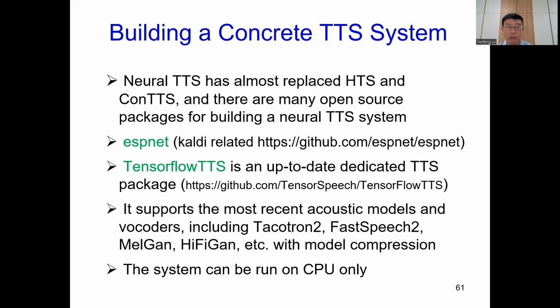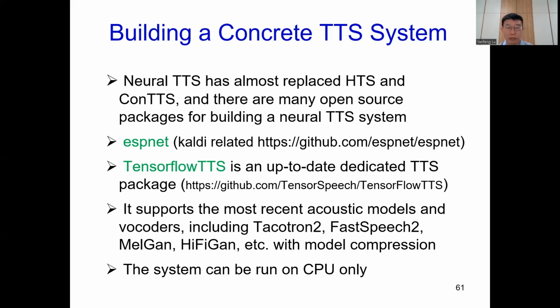It supports the most recent acoustic models and vocoders, including Tacotron 2, FastSpeech 2, MelGAN, and HiFi-GAN. Another important feature of TensorFlow TTS is that it also does model compression. So finally, you could build a TTS system that can be run only on CPU. You don't need a GPU to run the final model.